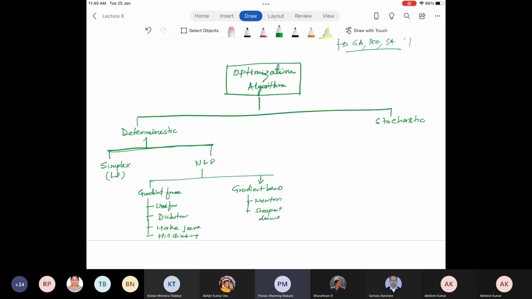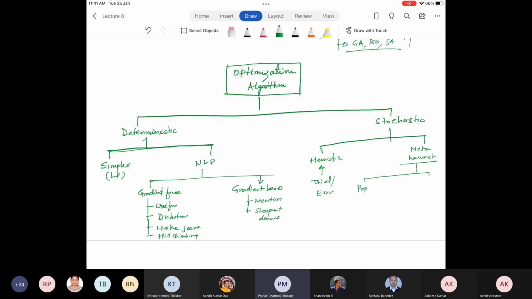Now, when you come to stochastic, generally we are looking at the algorithms which are non-differentiable. So here you will get heuristic and meta-heuristic. Heuristic is mostly trial and error, problem specific. Meta-heuristic can be applied to many such problems, so they are problem agnostic.